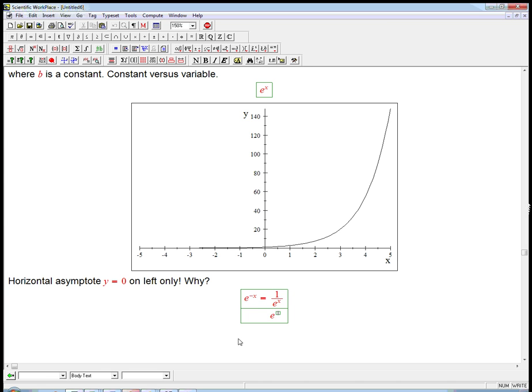So, for example, e to the minus 3 is 1 over e to the 3, which is about what happens when you take some number that's about 3, you cube it, so you get a pretty big number, 20-something, and then you take 1 over that, and so that's going to be small. So these are going to be, in general, small when x is large.